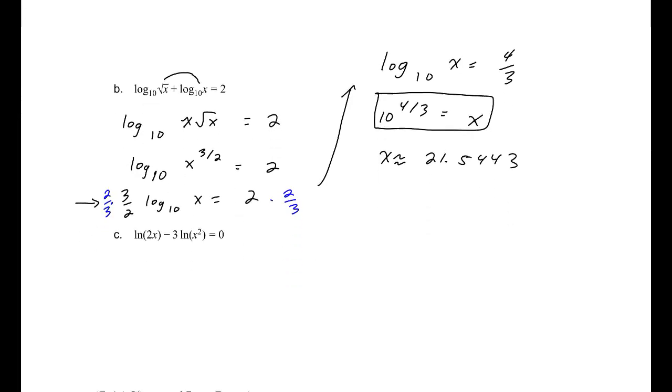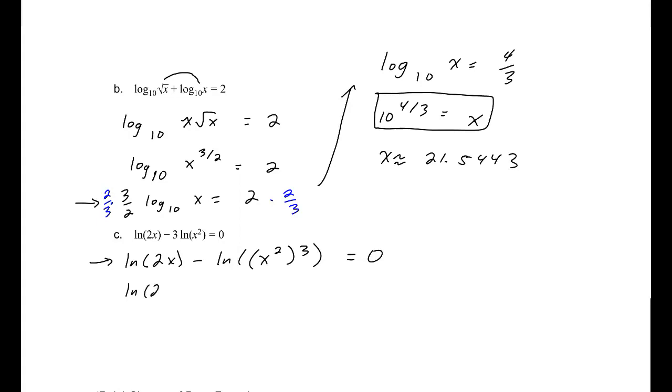All right, part C. Natural log of 2x minus 3 natural log of x squared quantity equals 0. Okay. First thing I want to do is write this as natural log 2x minus natural log of x squared cubed.